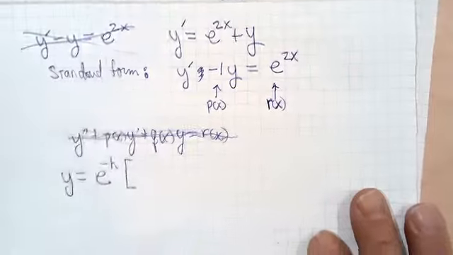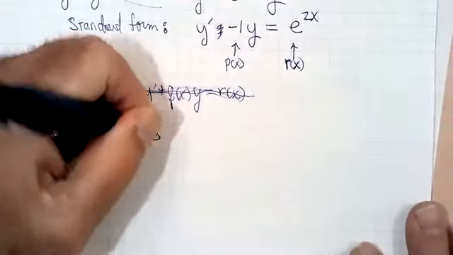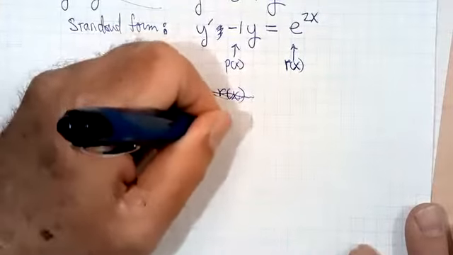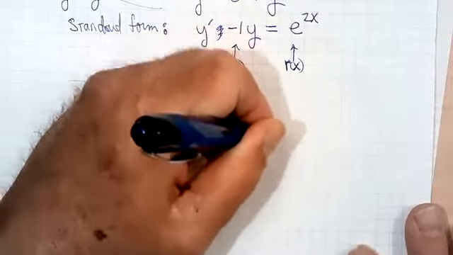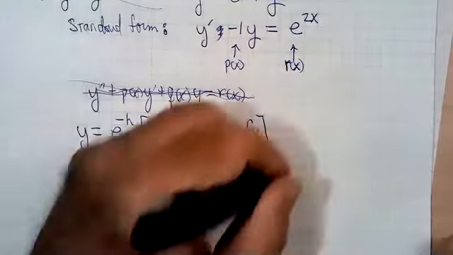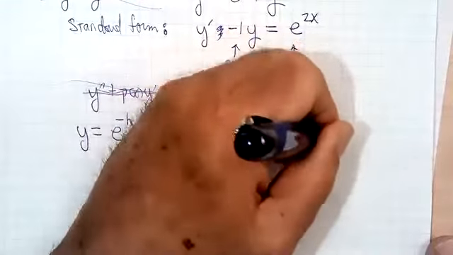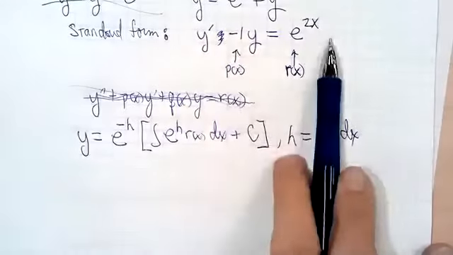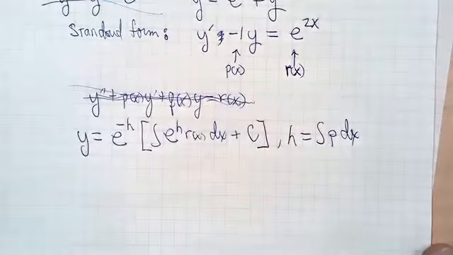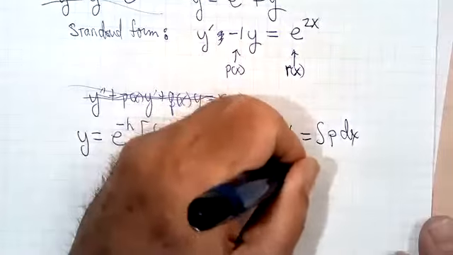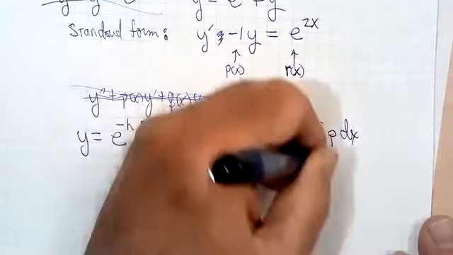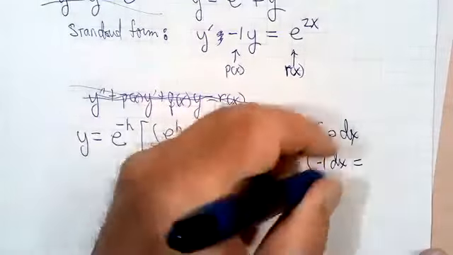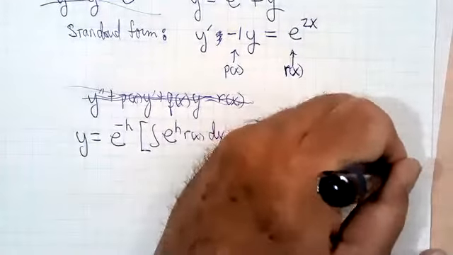It's e to the minus h times the integral of e to the h r of x dx plus c, where h is an antiderivative of p. And p, in the standard form, is the coefficient on y. So in our particular case, it's the antiderivative, or an antiderivative, it doesn't matter which one, of -1, which negative x will do.